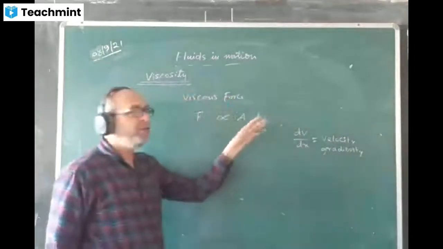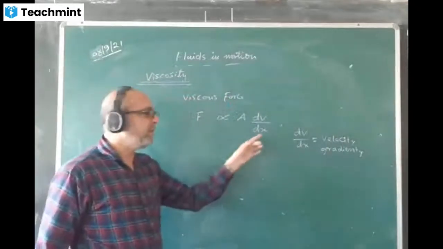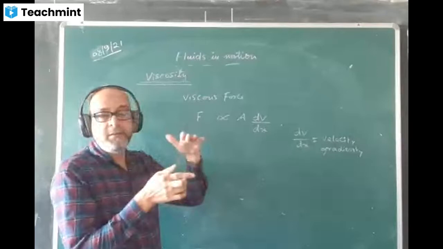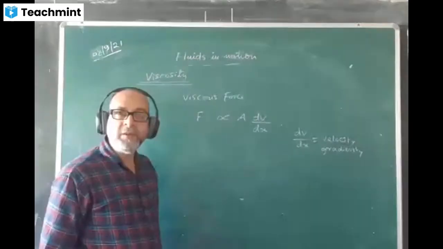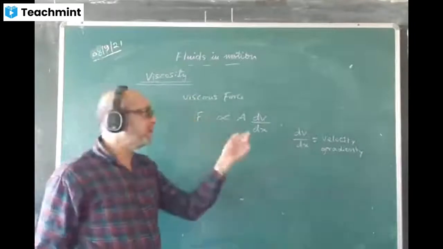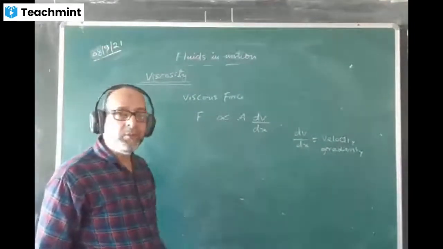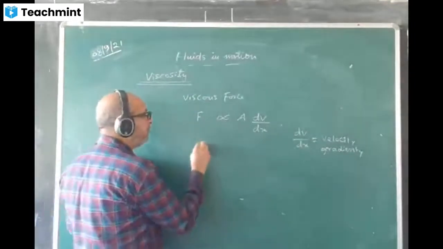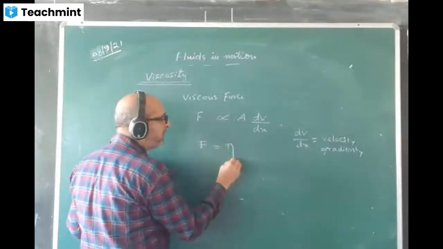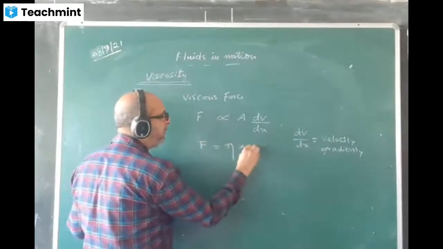Actually, dV stands for variable velocity, and x is the width between the two layers of the liquid surface. One layer, another layer will be like this. This width is called x. He gave this formula. Later on, to remove the proportionality sign, he used a constant. That constant is denoted by this symbol, eta: F equals eta A dV by dx.